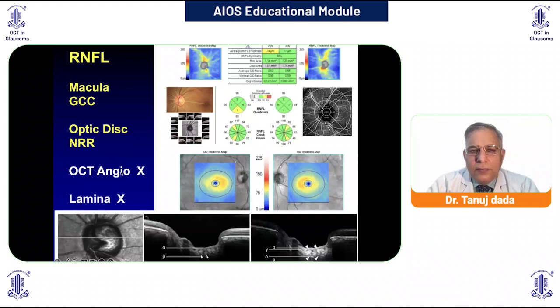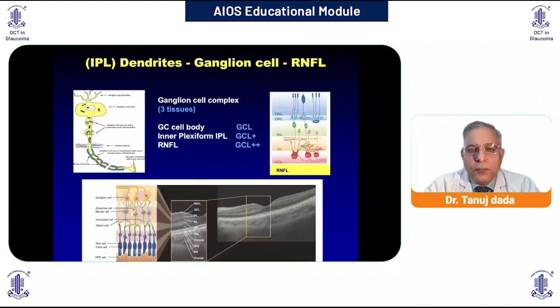Currently, the latter two, OCT angio and lamina, are not routinely used for OCT diagnosis, but you must be confident in evaluating the retinal nerve fiber layer, the ganglion cell complex, and the neuroretinal rim for making a diagnosis of glaucoma. So these three important structures are to be evaluated in any glaucoma patient.